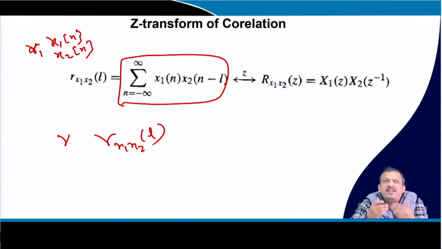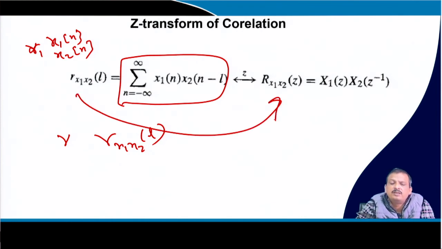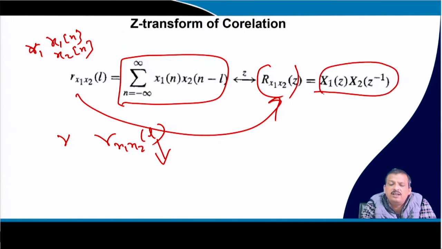Now, you take the z transform on both sides. So, this becomes capital R x1 x2 of z, instead of l, because R x1 x2 of l is also a discrete sequence. That becomes the z domain, which is nothing but X1(z) multiplied by X2(z) instead of convolution.